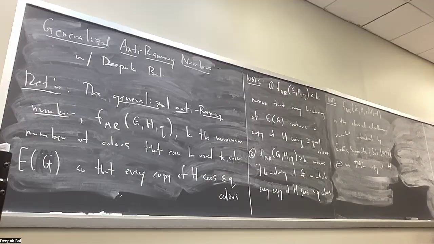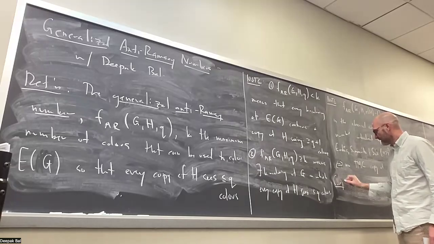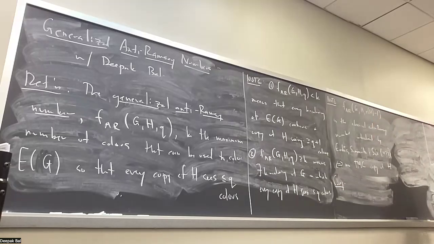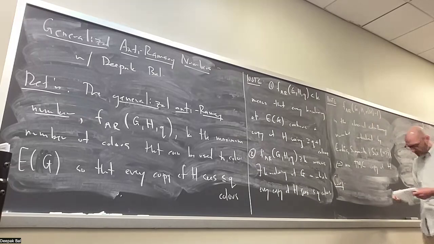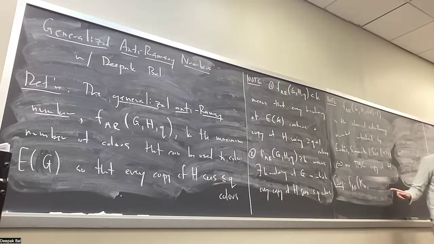Okay, so in this paper they introduced the anti-Ramsey number. They use different notation for this, of course, but I'm going to use our notation because I don't want to introduce too many more functions. And one of the big things they did was make a conjecture. They were interested in their host graph being the complete graph, and for the vast majority of this talk, our host graph is going to be the complete graph.